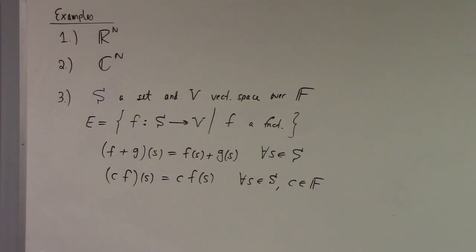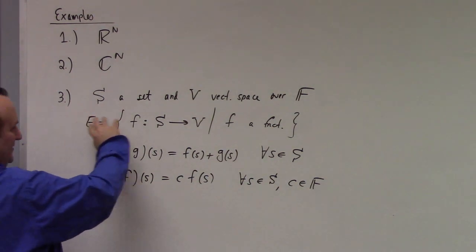All right. And this covers a multitude of examples, really. All right. So what's the zero vector? He says the zero vector in E is the function which assigns the zero vector of V to every element of S. So here's the difference between what he wrote and what I wrote.